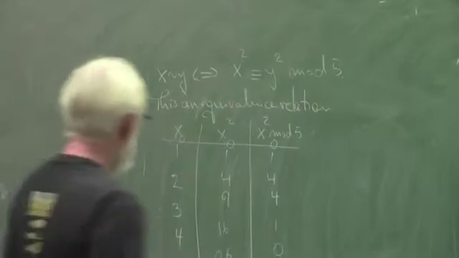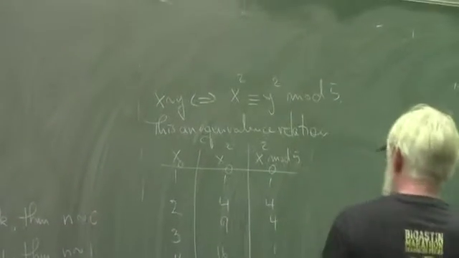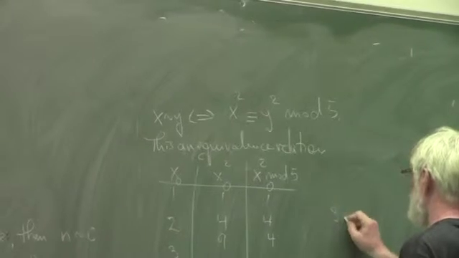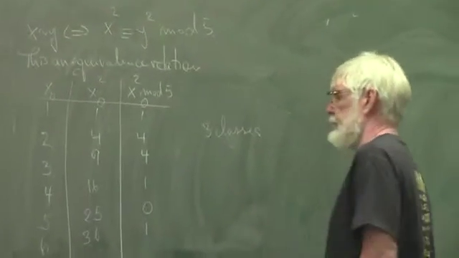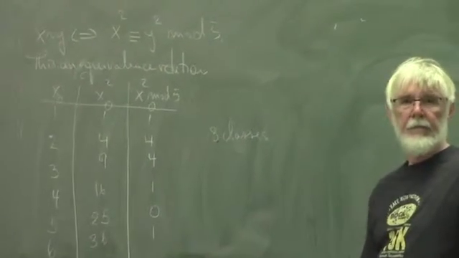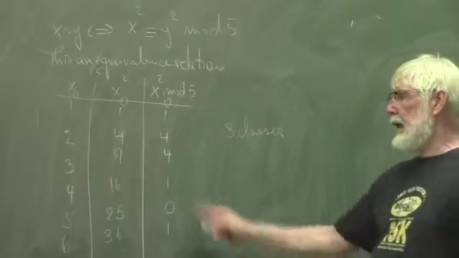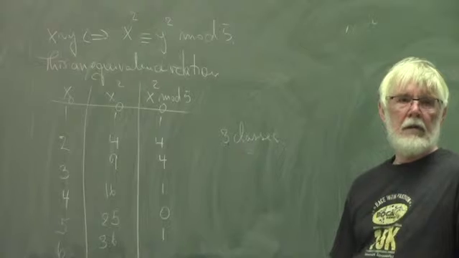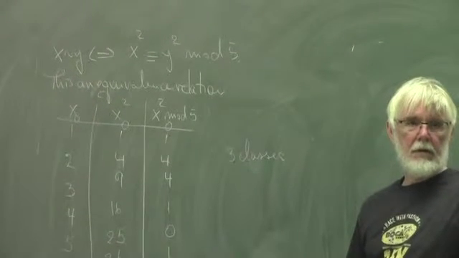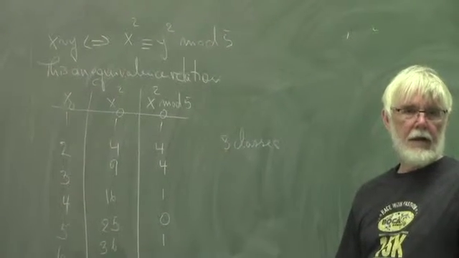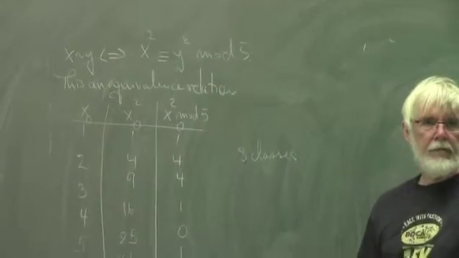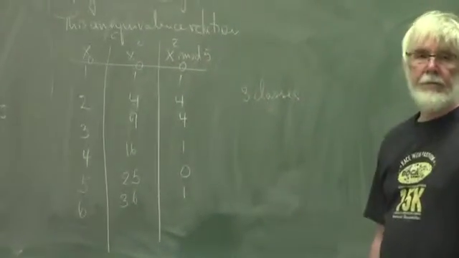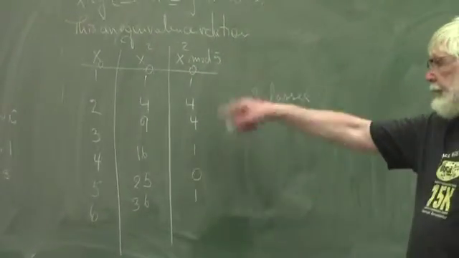So we will have again 3 classes, right? The remainder modulo 4 tells us which class an element belongs to. In mod 5, we have 3 remainders.